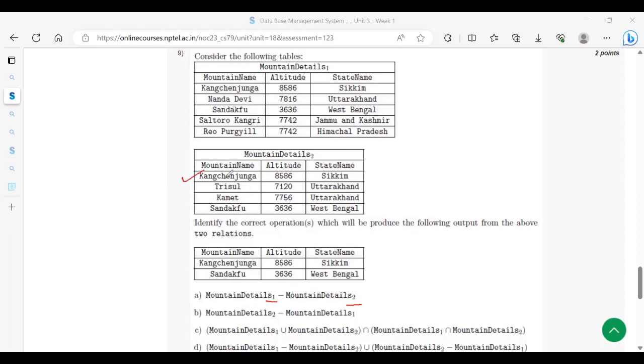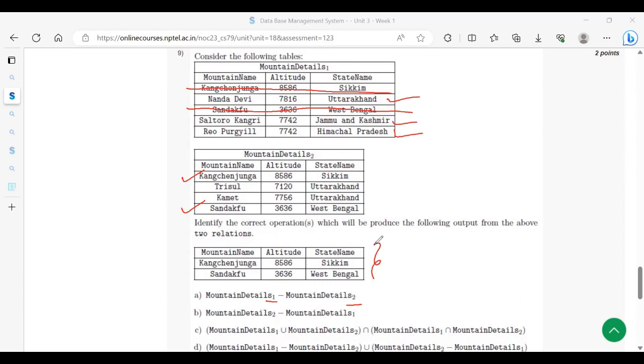If you see, this is in the first one, so this will be removed, and Trishul is not there, Kamet is not there, Sandaku is there. So these two are there, so this will be removed. So what is the final result? Nanda Devi 7816, Uttarakhand, Sastro, Jammu, Himachal Pradesh.